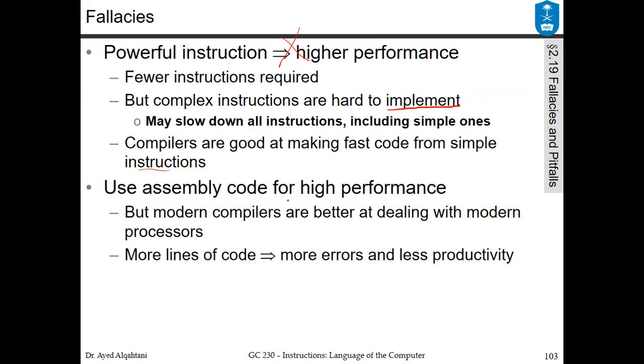And the compilers do it much better than a user, a human being, writing the assembly code directly. So modern compilers are better at dealing with modern processors. More lines of code equals more errors and less productivity. And this is what humans tend to do if they code.